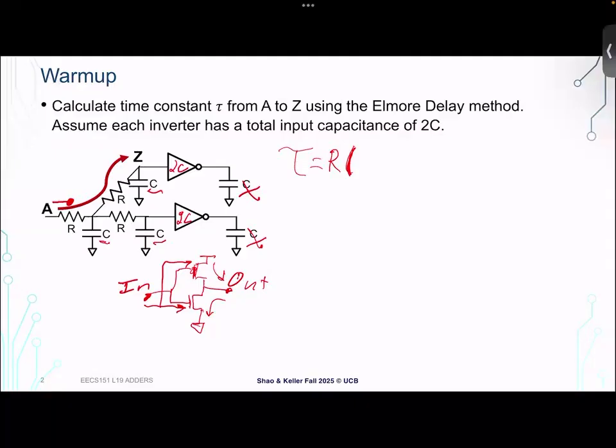Are folks feeling, does that explanation sit well with you? Right, this is one of the nice things about CMOS and about transistors is that current doesn't flow through them. We have these restoring paths, but it means that anytime you hit a logic gate, that's the end of the line for an Elmore delay calculation.